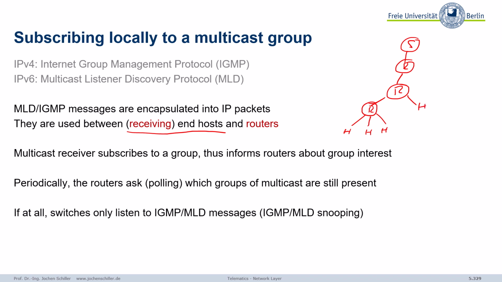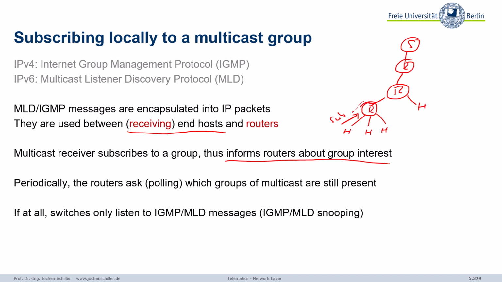If this host subscribes, then we use MLD or IGMP. Subscription means I inform the router about a group interest. So subscription flows in exactly the opposite direction from the data stream.